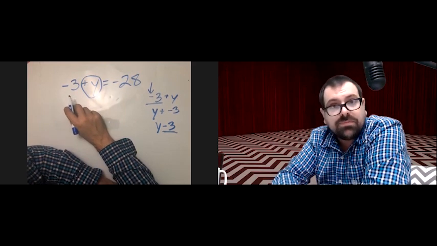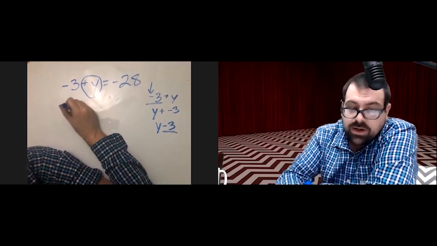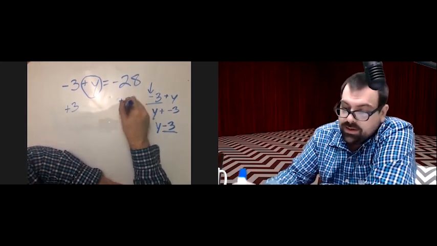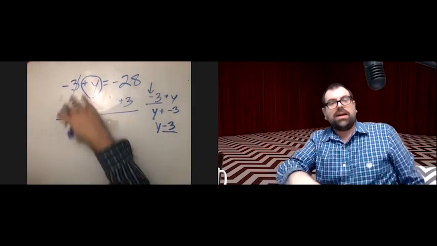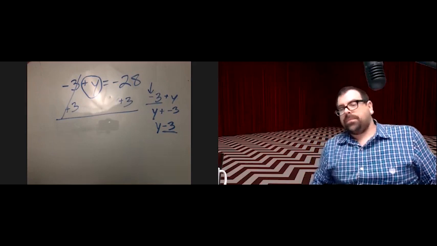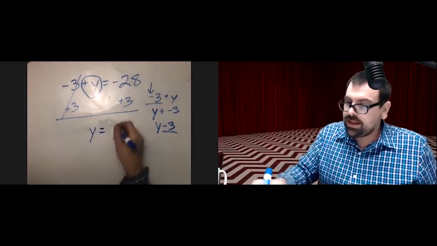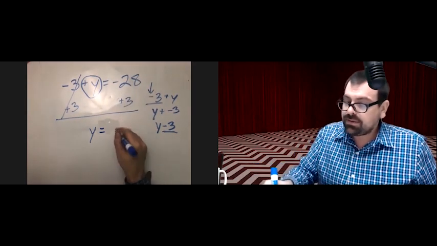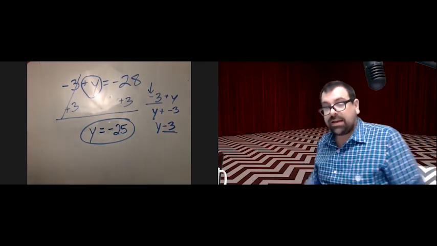That means it is subtracting 3. We undo subtracting 3 with adding 3. See, we can even see it goes away. -3 plus 3, 0, gone. That just leaves us with our y on the left, -28 plus 3 is -25.